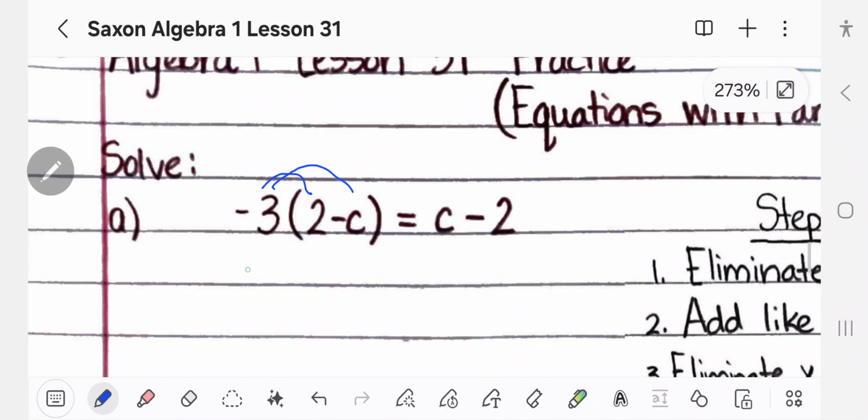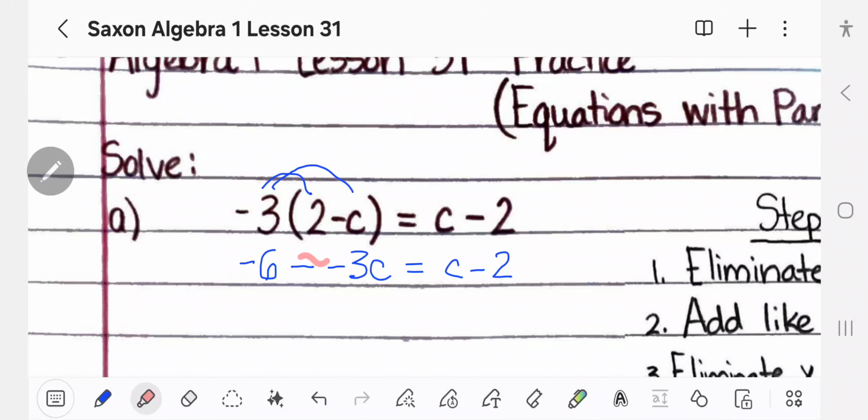Negative 3 times 2 is negative 6. And then we have a minus sign, and then negative 3 times c would be negative 3c equals c minus 2. Now you can see here that we have a minus a negative. You can think of that as the opposite of negative 3.